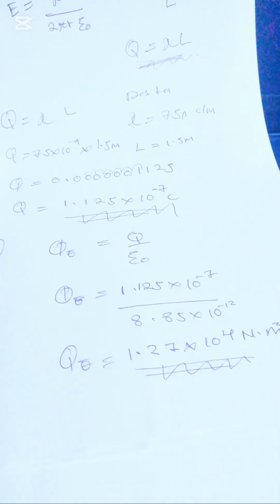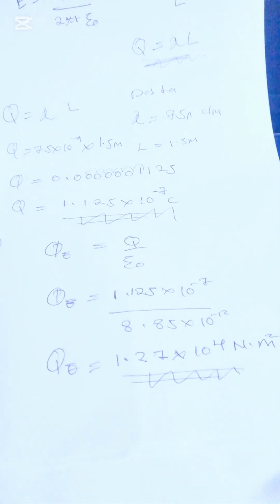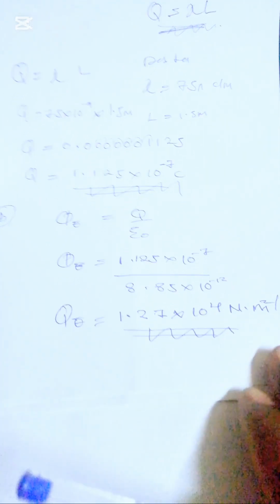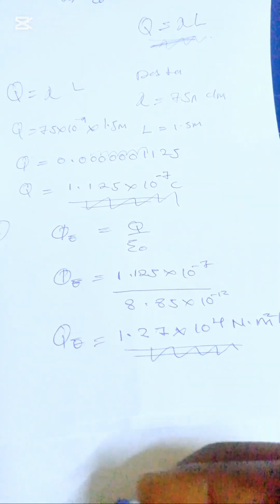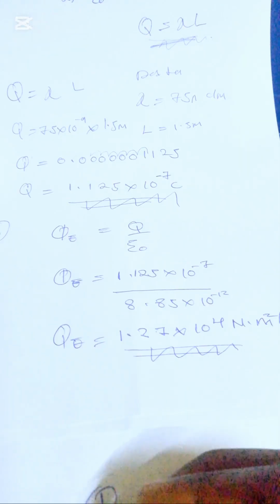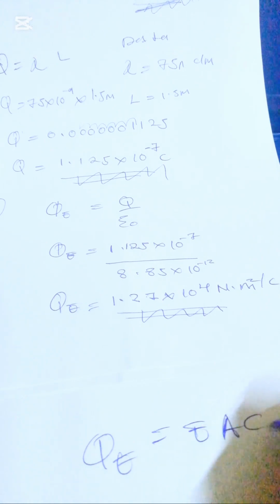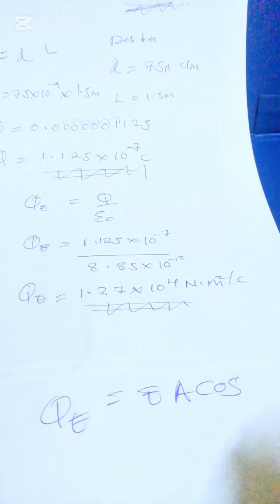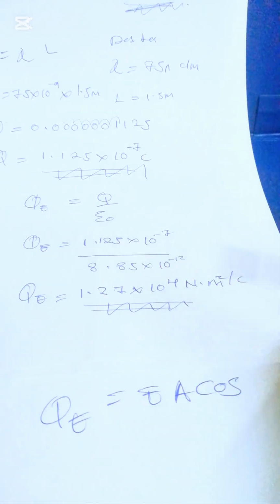And by the way, I want to ask, why have we not used the formula E equals A, that formula, to find the electric flux, but we are using this one?